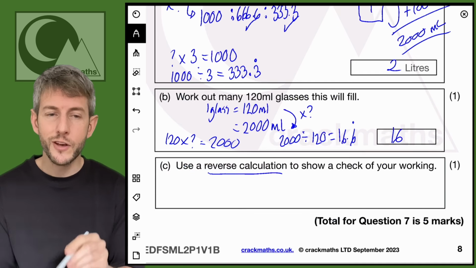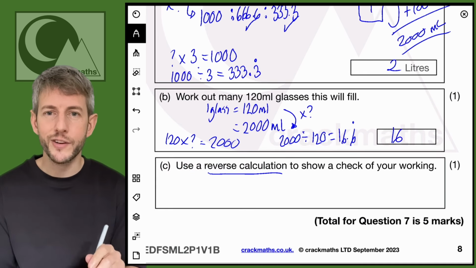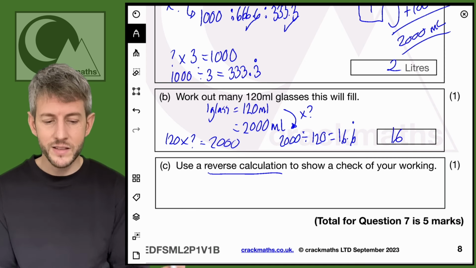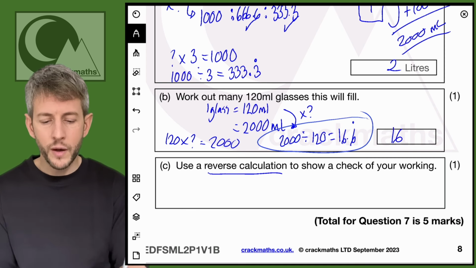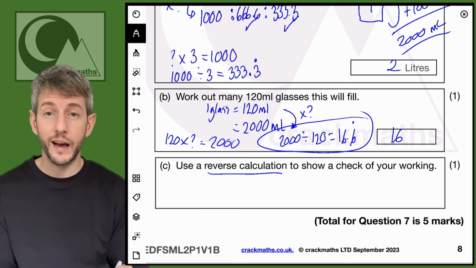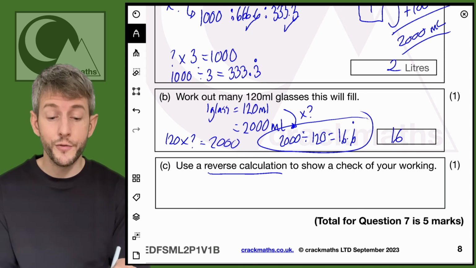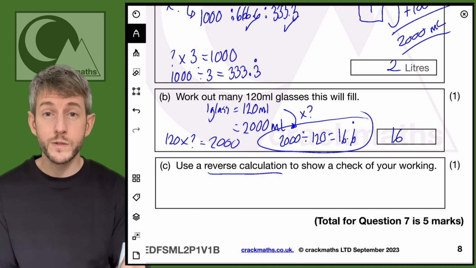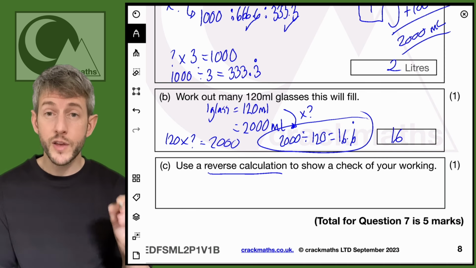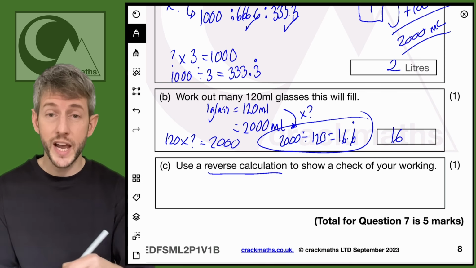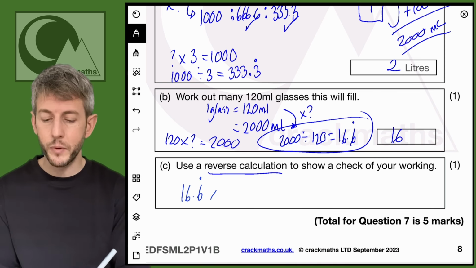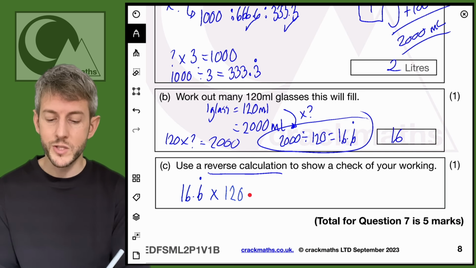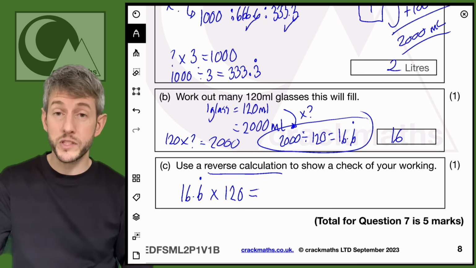Part C says, use a reverse calculation to show a check of your working. So what that means is, we worked out that 2000 divided by 120 equals 16.6 recurring. So the reverse calculation that we can do to check that is going to be 16.6 recurring multiplied by 120 and check that that equals 2000.